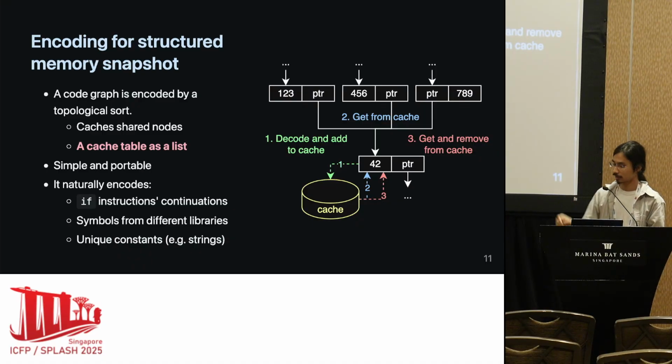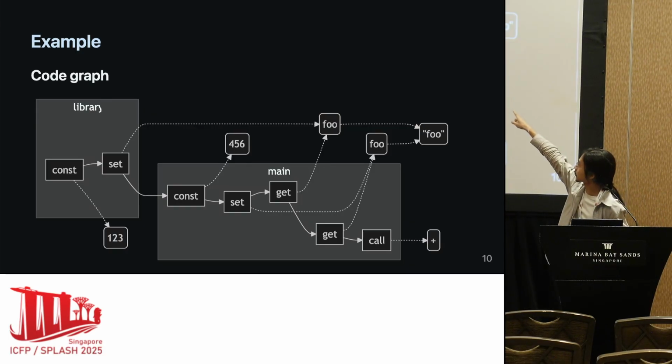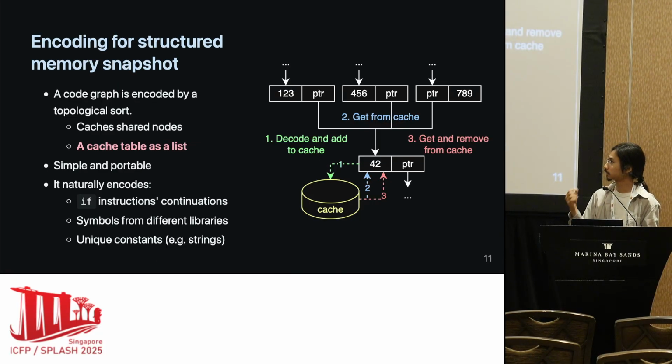To do that, if the code graph is a basic tree, you can use a DFS or something to do a topological sort, but there are some merges, like those symbols, right? To encode those shared nodes, we simply cache them during decoding.